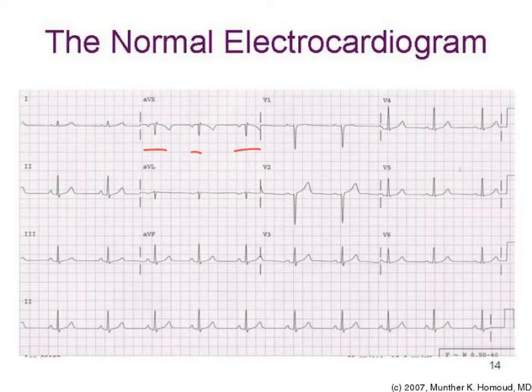Okay, so let's change gears a little bit into some of the practical aspects of obtaining an ECG reading from a patient. To be able to look at electrical activity in a patient, we normally print the ECG tracing once we place the leads on patients on a special paper. It's called ECG paper, and it has large and small boxes, and I'll show that to you on the next slide.